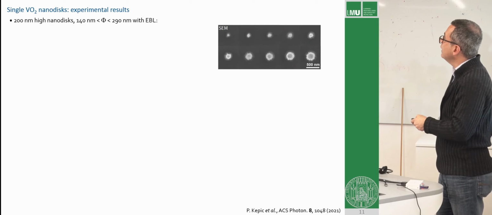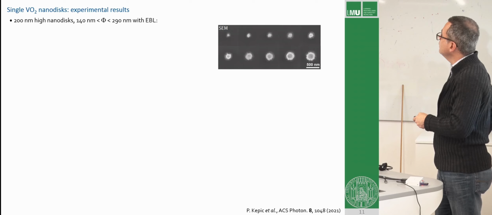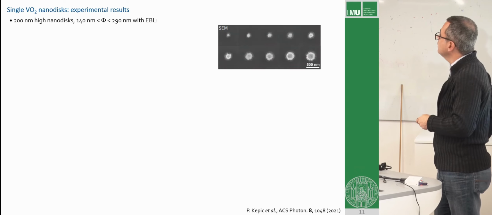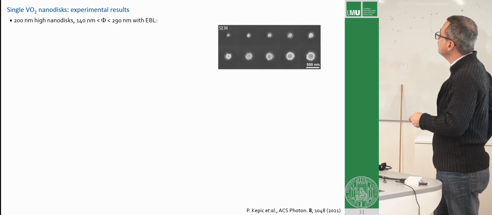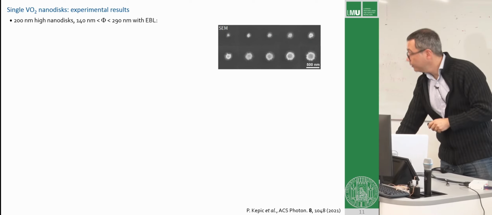So this is the scanning electron microscope image of the structures fabricated. You see that the discs present a considerable roughness along the perimeter, right? But it's the best one can do. This is a tricky material to work with.